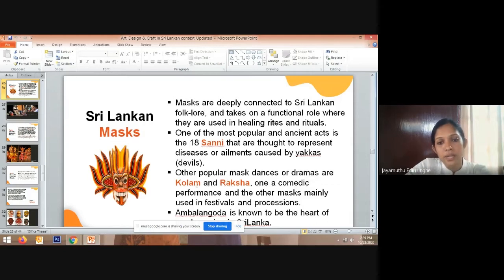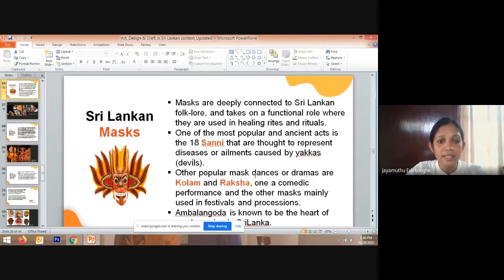Then we have the Kolam masks. Those are different from the Sanni masks, with a bit of comic performance, and some are made in a sarcastic way. They are very different from the Sanni masks.